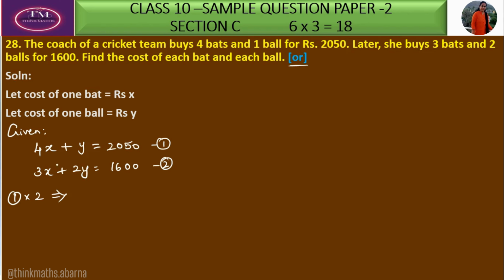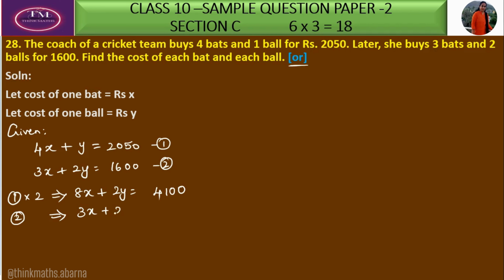If you multiply by 2, 4 into 2, 8x, 2 into y, 2y. Then 0 2s are 0, 5 2s are 10, balance 1, 0 2s are 0, and 2 2s are 4. So 4100.